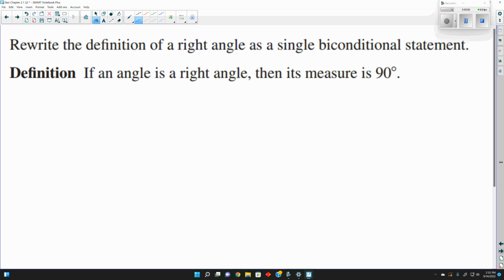If an angle is a right angle, then its measure is 90 degrees. So, an angle is a right angle if and only if its measure is 90 degrees.